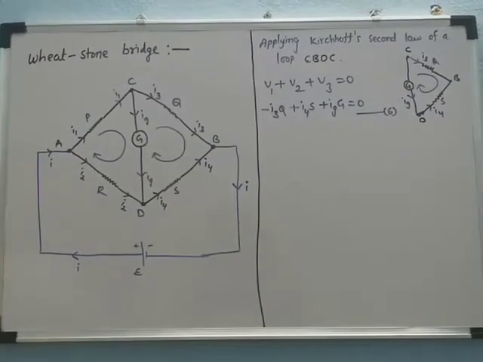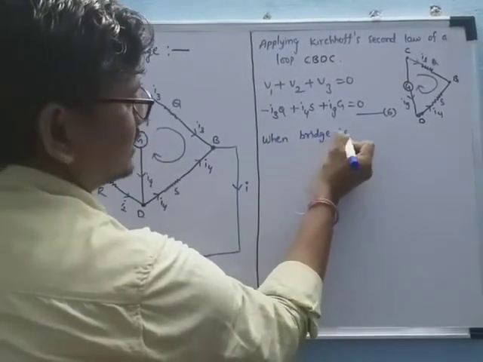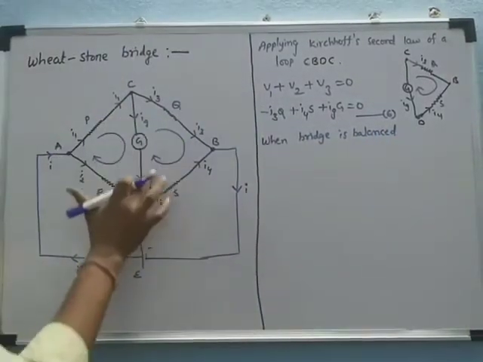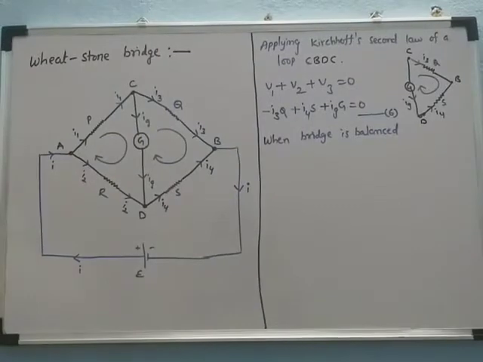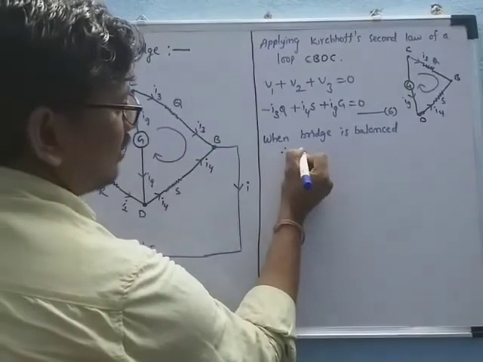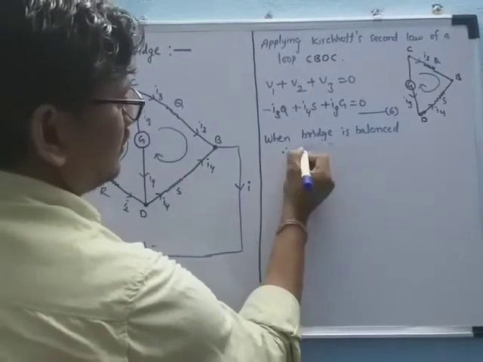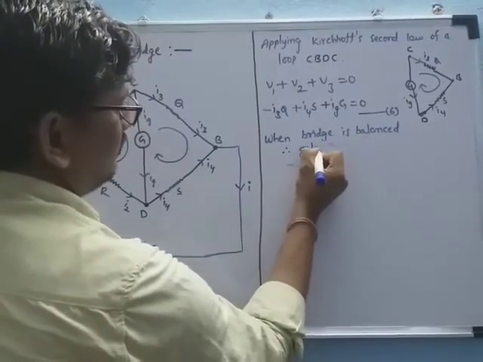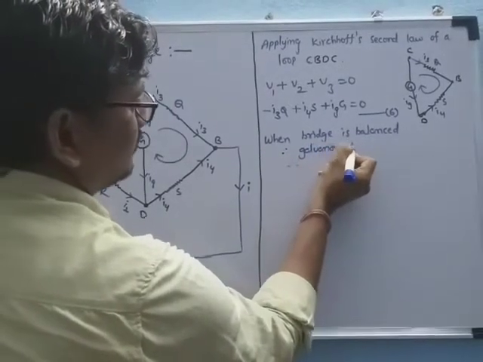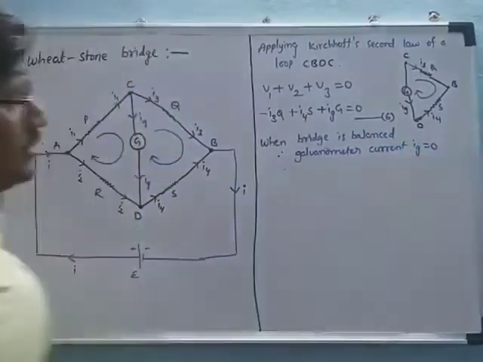And then when the bridge is balanced, when the bridge has the same resistance ratio, there is no current passing through the galvanometer. When the bridge is balanced, therefore the galvanometer current Ig is equal to 0.